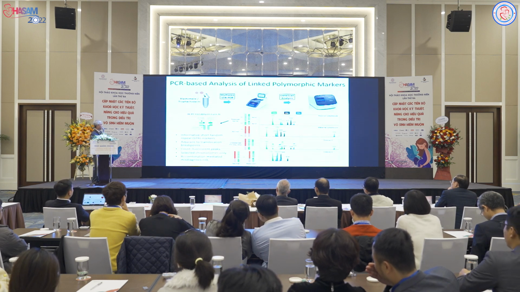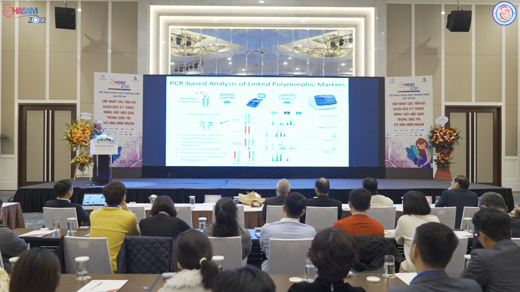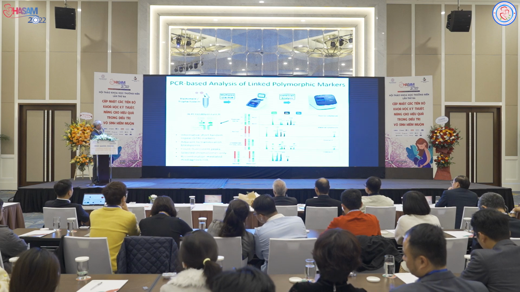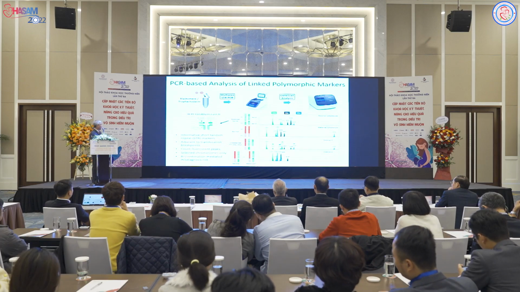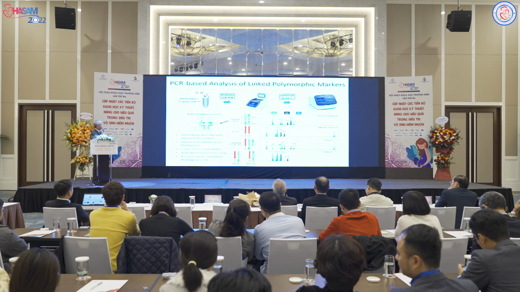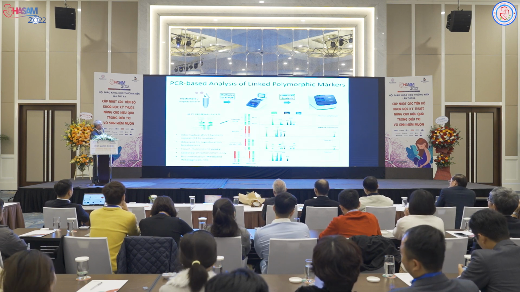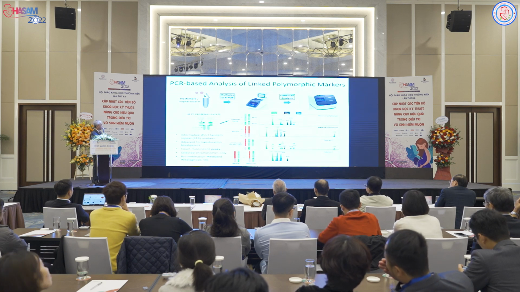So here I've just shown an example of a case where the male partner actually has the balanced translocation involving chromosome 12, where the break is on the P arm, and chromosome 22, where the break is on the Q arm. And then basically it involves selection of markers that are present on the P arm of 12, the Q arm of 12, and also on chromosome 22.